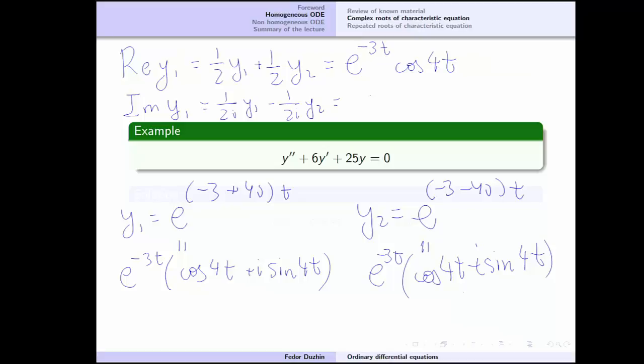We're going to have i sine 4t minus minus i sine 4t, which means plus 2i sine 4t, and then when we divide by 2i, the rest is just sine 4t, so then we'll get e to the minus 3t sine 4t.